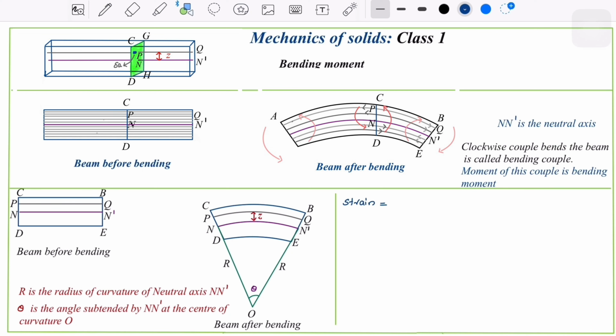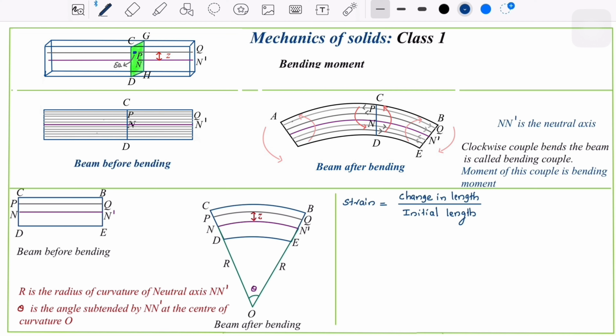Now let us find out the strain. What is the expression for strain? Strain is nothing but the change in length divided by initial length. Now what is the change in length?